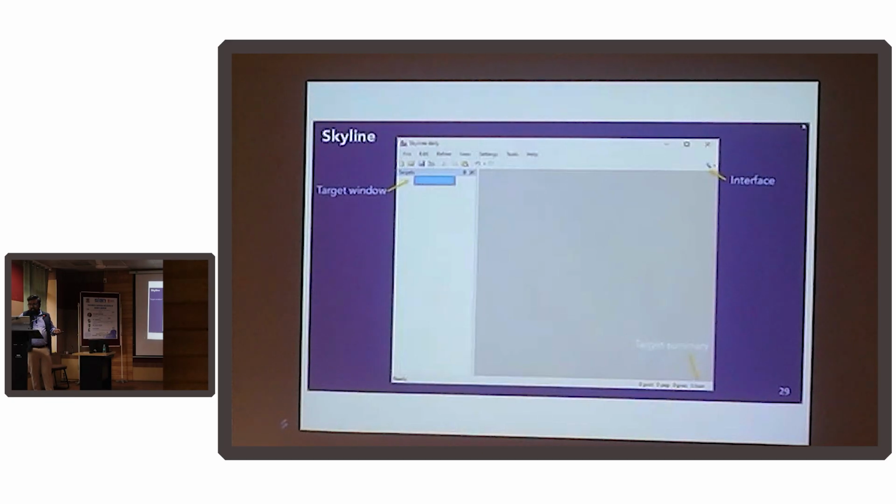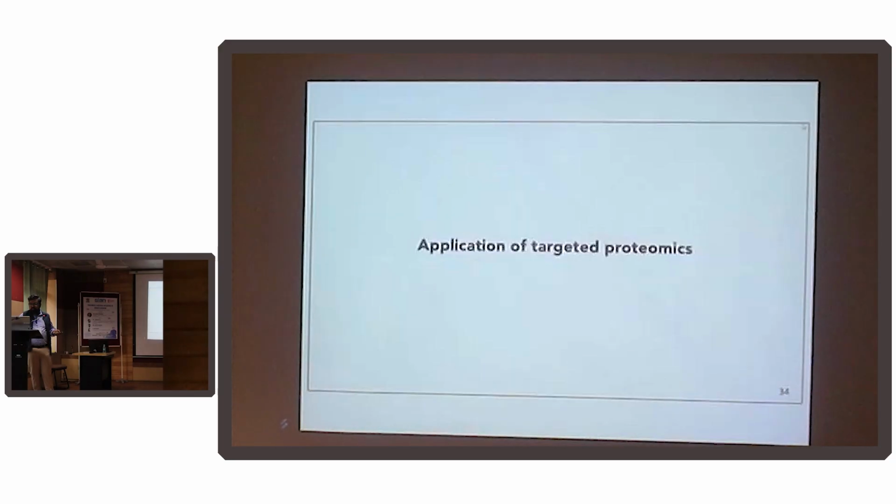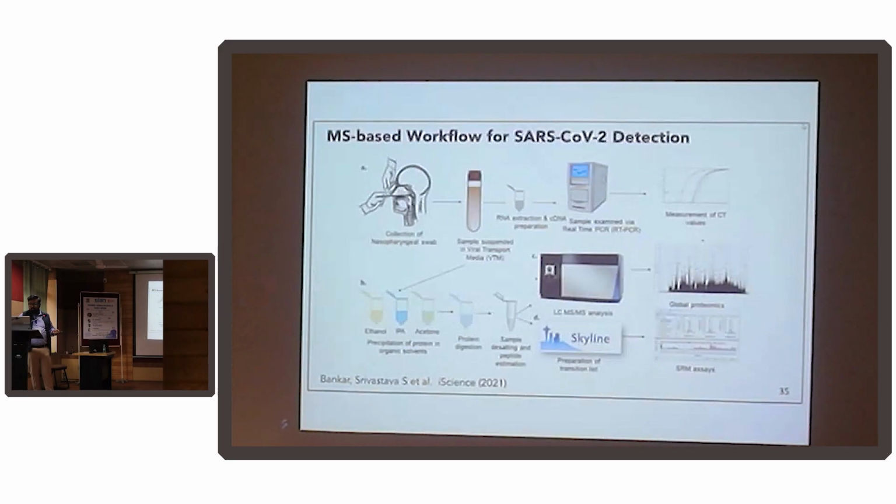So I think I will end here, because the rest is not very necessary for you, but I would love to show this. This is something that we did at IIT Bombay along with Professor Sanjeeva; these are his slides. We wanted to see if we can detect COVID, the SARS-CoV-2 viral peptide, in nasal swabs, because they're already mass spec.